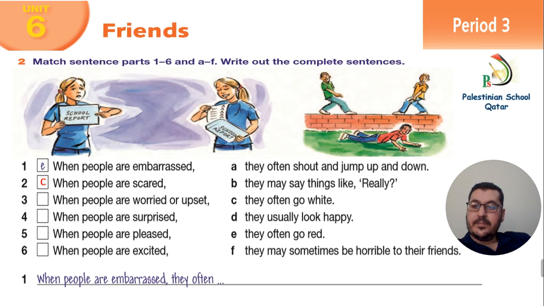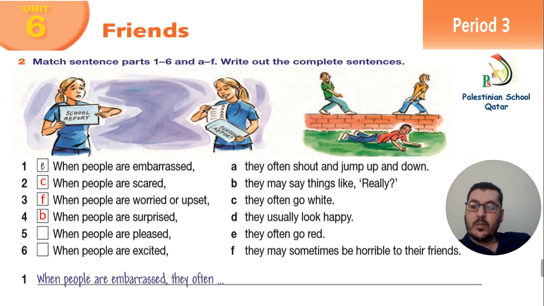Number 3, when people are worried or upset, yeah, they may sometimes be horrible to their friends. And when people are surprised, yes, of course, they may say things like, really?